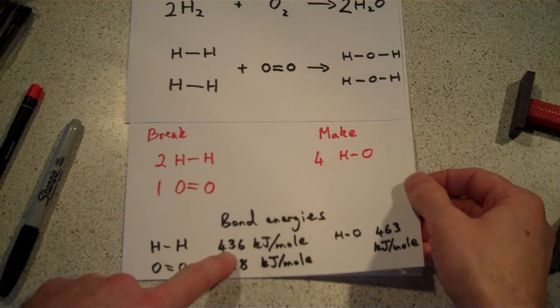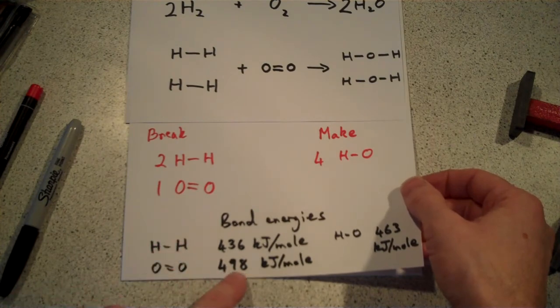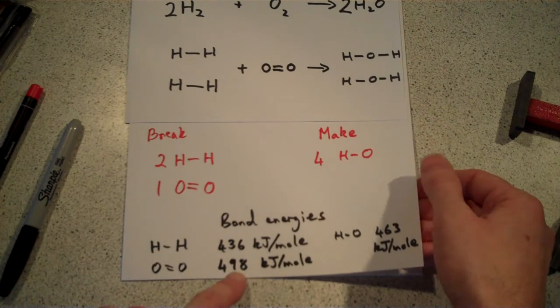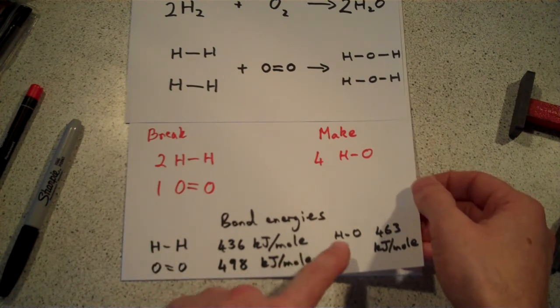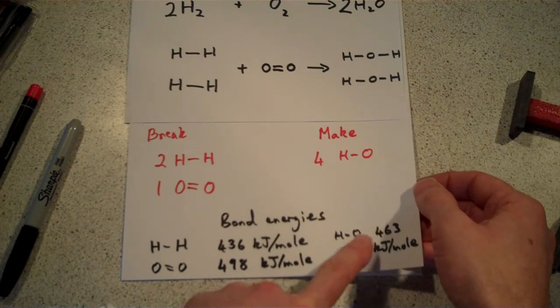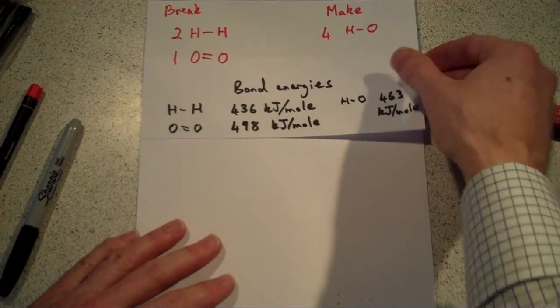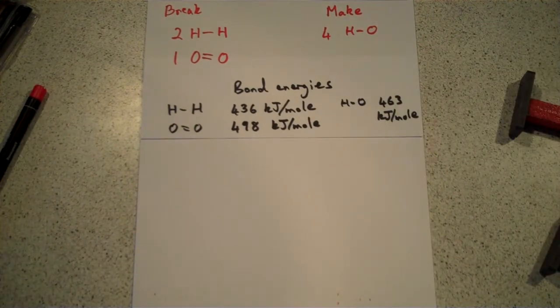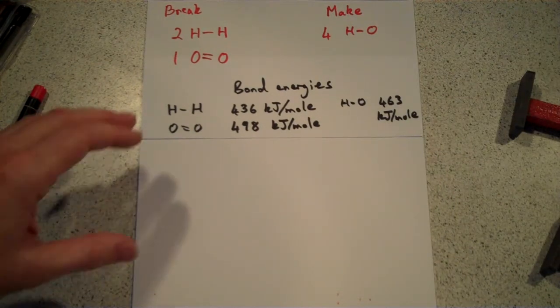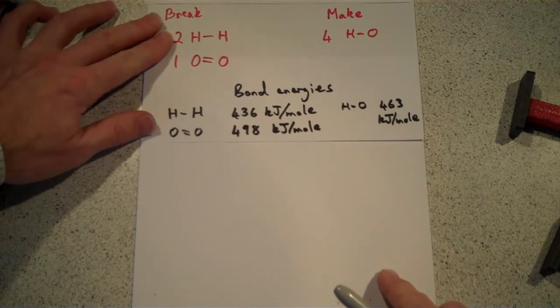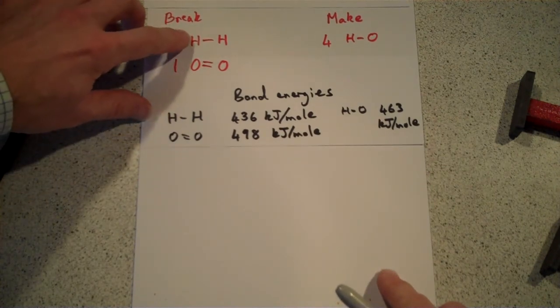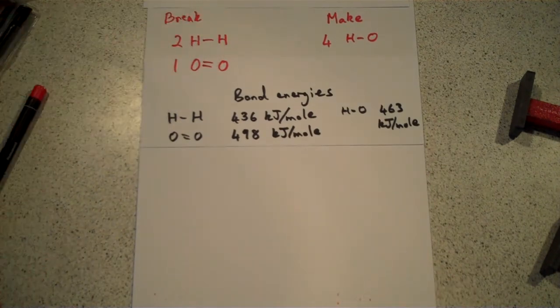That energy is going in because we're breaking H-H bonds. That energy is going to go in, endothermic, because we're breaking those bonds. We're making those bonds, so we're going to get that energy out. Now, to get our calculation correct, we need to remember how many bonds we're making and breaking. At the top, you see I said we're breaking 2 H-H bonds.